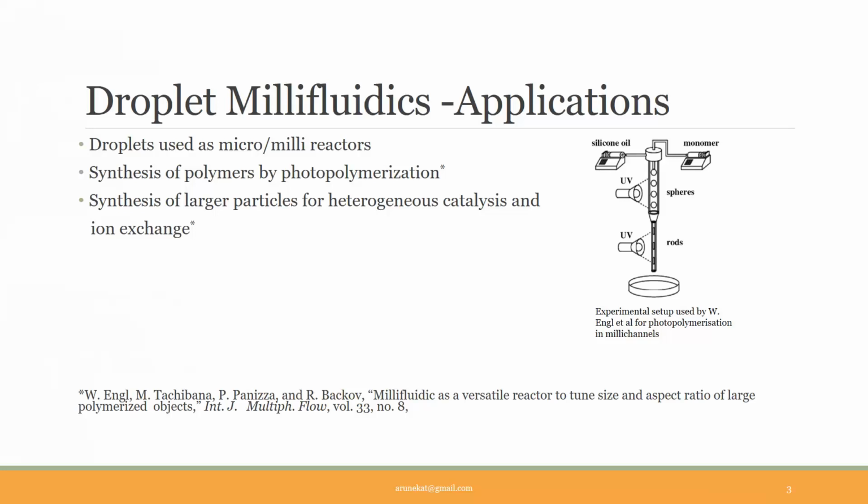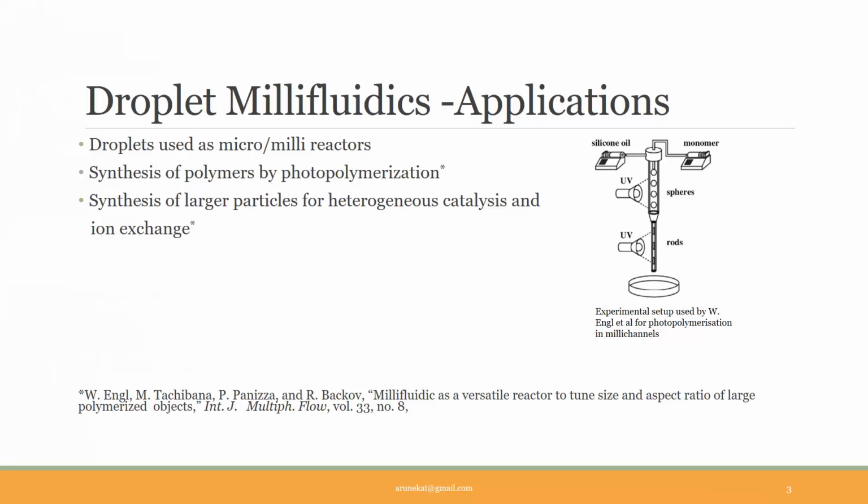Generating drops is the first step in any droplet micro or millifluidic experiment. The attractive feature of millifluidic or microfluidic way of droplet generation is that it can produce monodispersed drops, that is, drops of uniform size. The ability for periodic generation of monodispersed droplets has been exploited in many fields. Droplets are used as milli or micro reactors to carry out various chemical reactions.